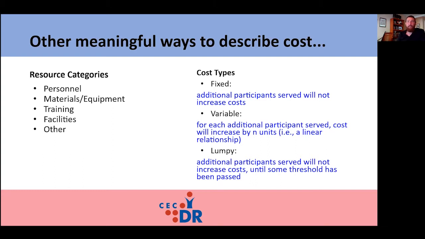Another way you can think about it is cost types. So there's 3 cost types. The last one is my favorite, but fixed, essentially the addition of additional participants will not increase the cost. So that's pretty straightforward. Variable, for each additional participant served, there has to be a linear relationship for the units of that ingredient.